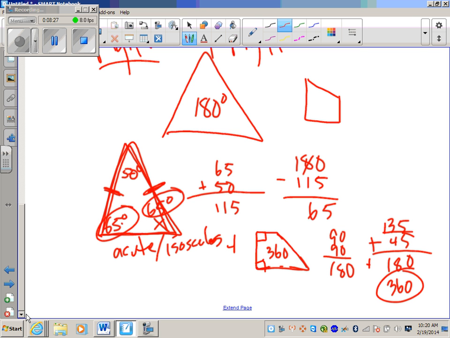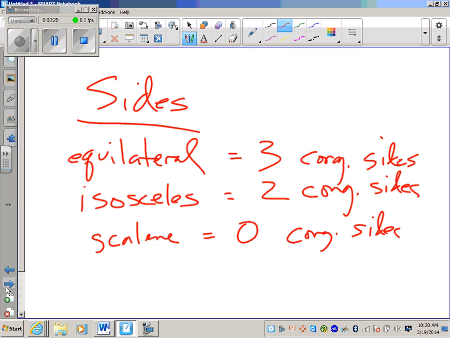Now, fast forwarding here, an equilateral triangle, if all three sides are the same, and they'll use those little markings to show you that, what else can you conclude are going to be the same? The angles are also going to be the same.